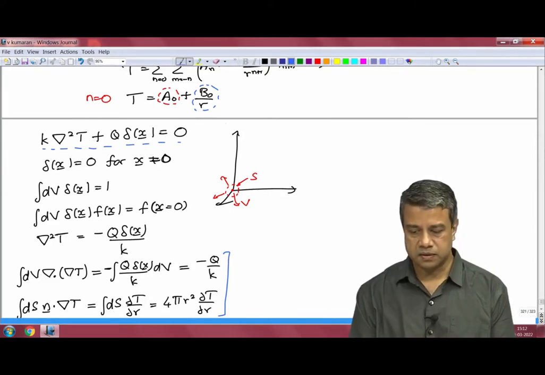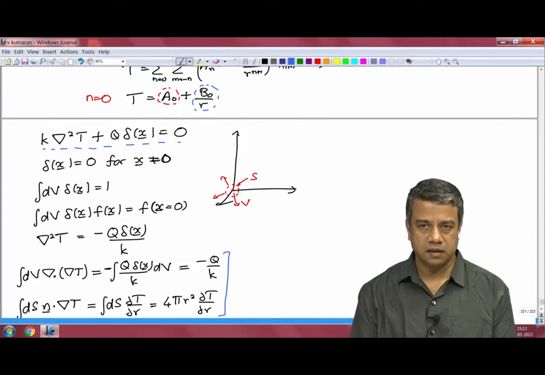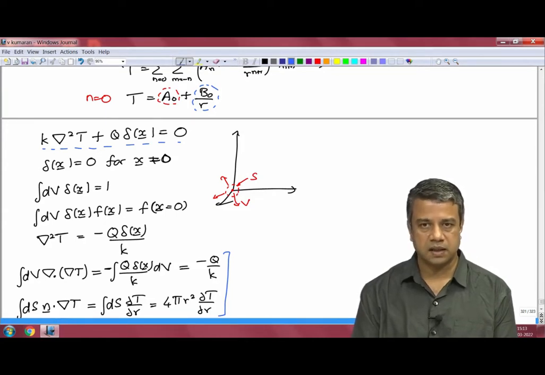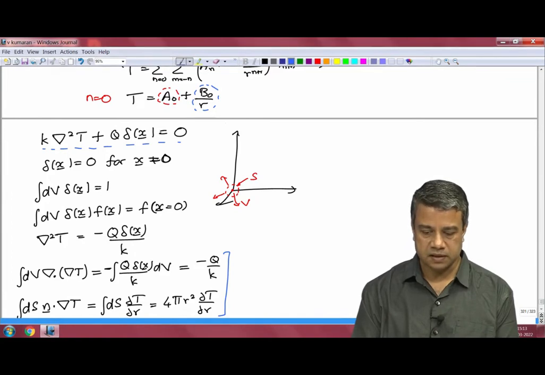This is a point source that emits heat q per unit time from the origin. The delta function is non-zero only at x equal to 0. It is 0 whenever x is not equal to 0, and its integral is 1.